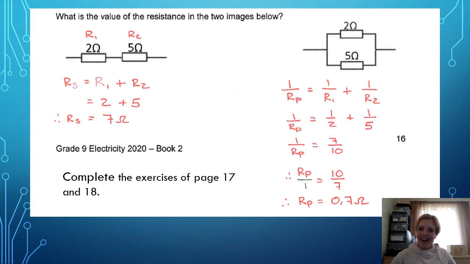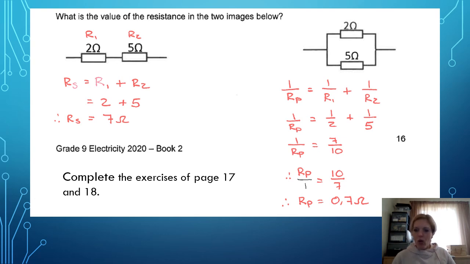Then for my parallel, it's exactly the same resistance for each resistor, except now they've been connected in parallel. Okay, so here my resistance in parallel is going to be 1 over RP is equal to 1 over resistor 1 plus 1 over resistor 2. What is the substitution of that, grade 9s?